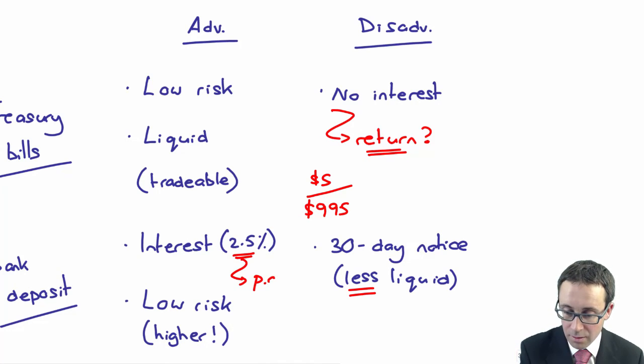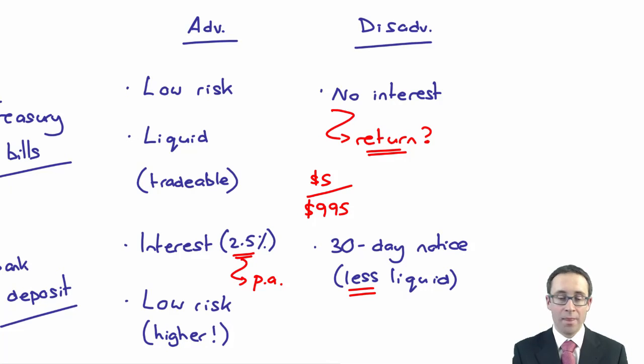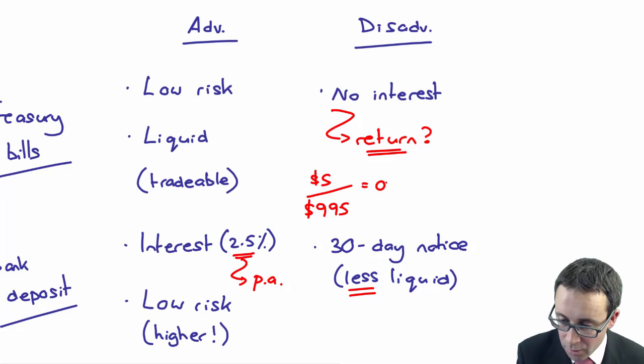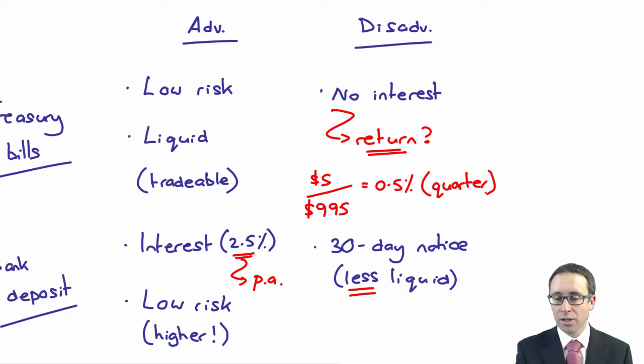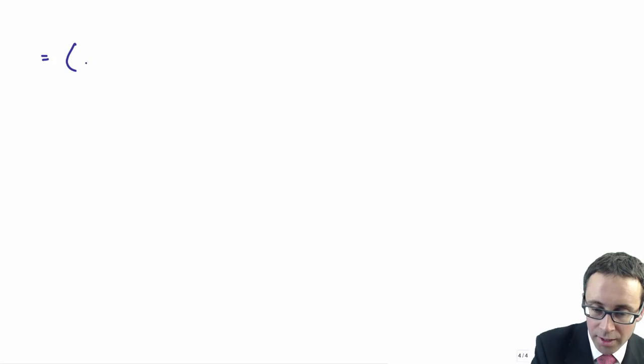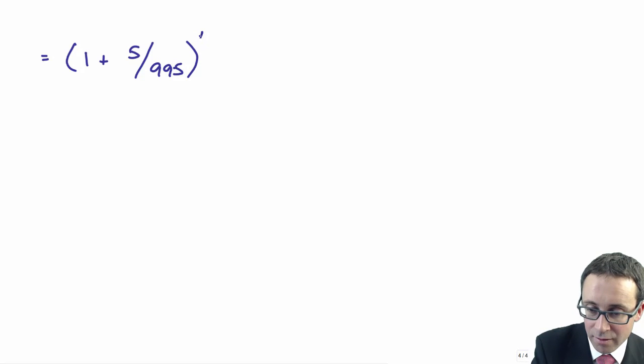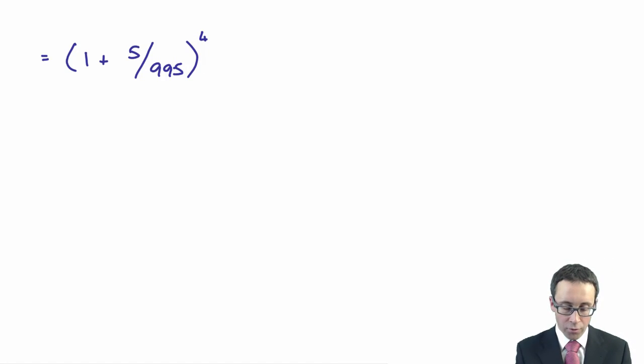Key bit that you've got if you wanted to equate the returns: is it 2.5% per annum? And then if you work it out based upon your 5 divided by 995, that equals, is it, 0.5% per quarter, isn't it? Okay, so in order to work it out on an annual basis, you would need to do 1 plus the 5 over the 995 and raise it to the power of 4.